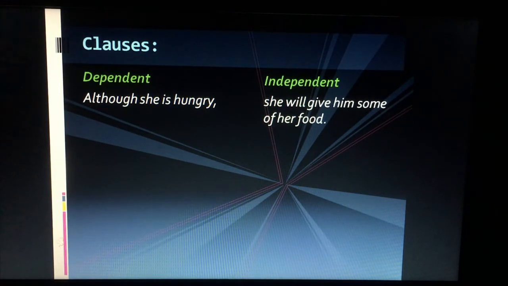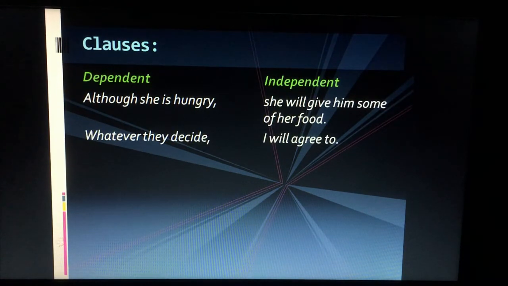So these are the categories of clauses: subordinate, and the other one is main clause. See another example: Whatever they decide, I will agree to.